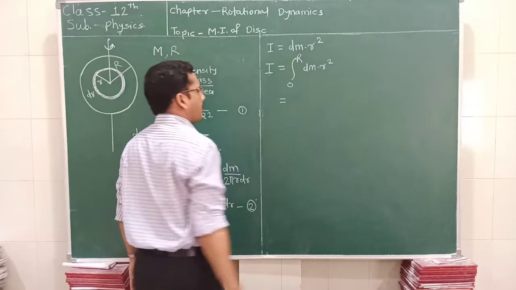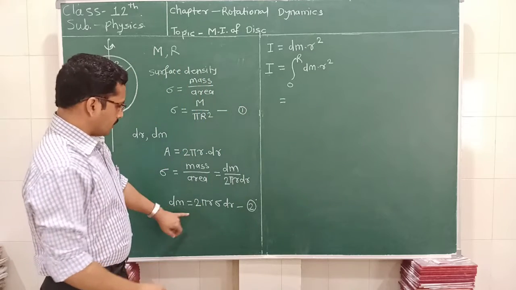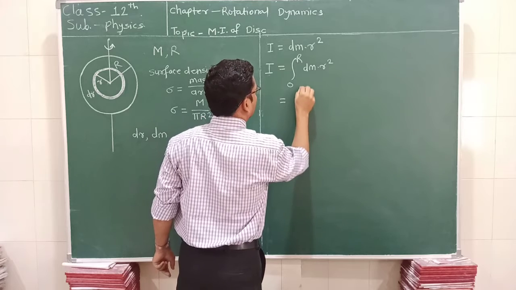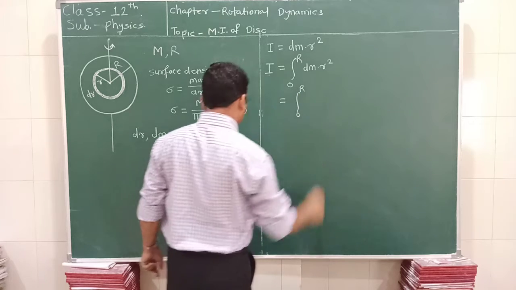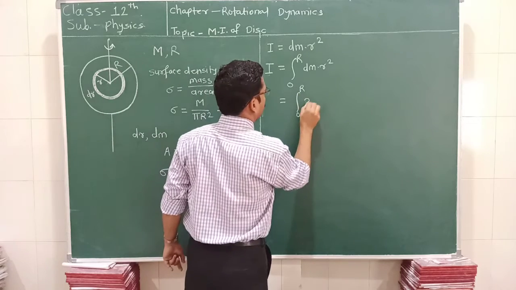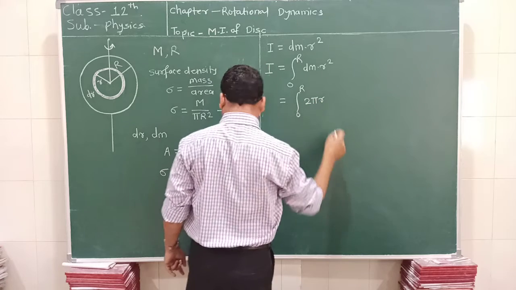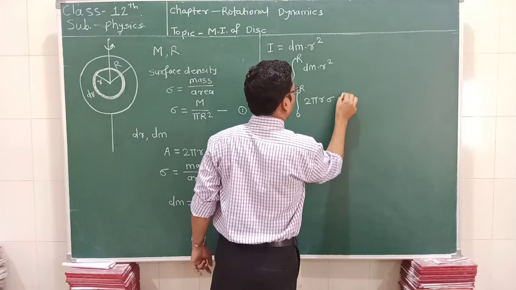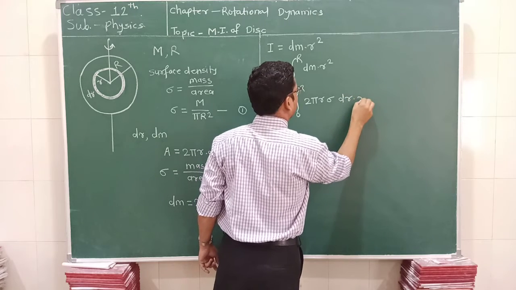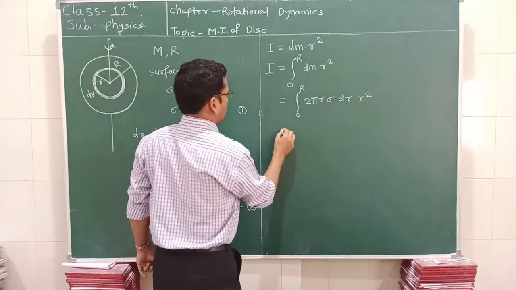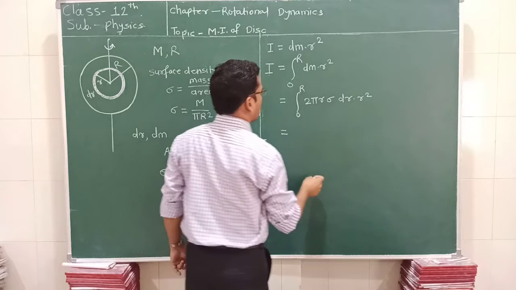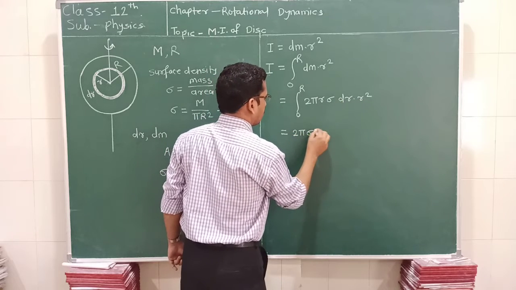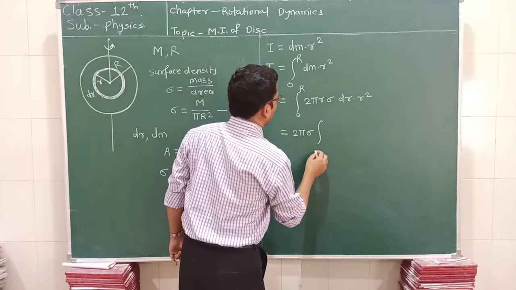Now, if we substitute this relation into this equation, we get the integral from 0 to R of dm, which is equal to 2 pi r sigma dr, multiplied by r square. Now r and r square give r cube, and the term 2 pi sigma is outside the integration sign.